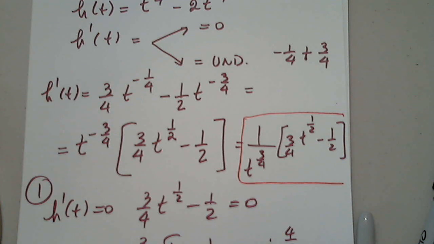So x to power negative 3/4. And then 3/4. I need another set of parentheses. No, not that.